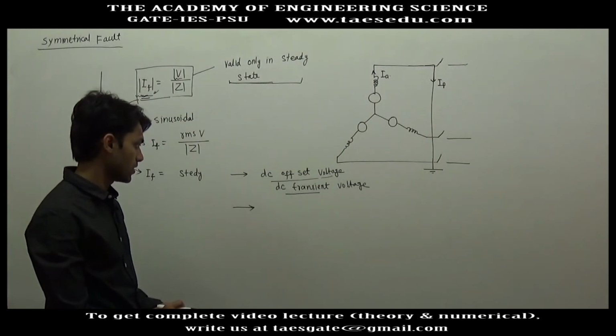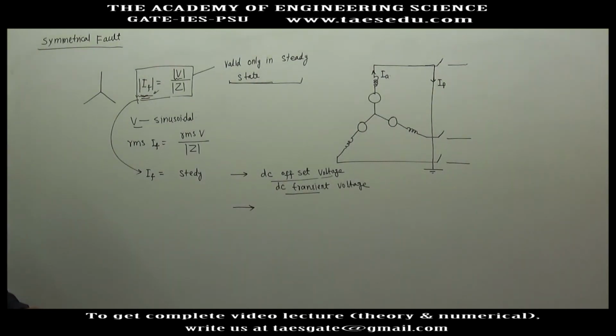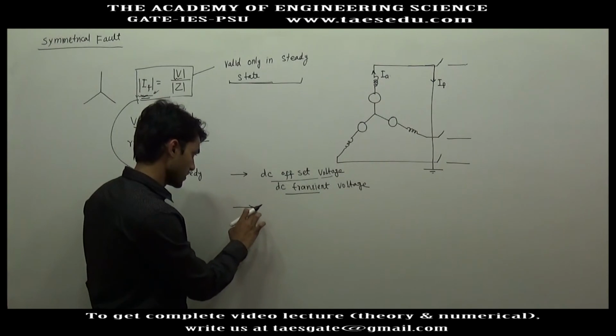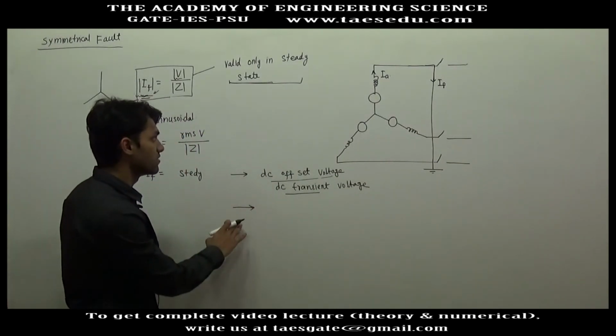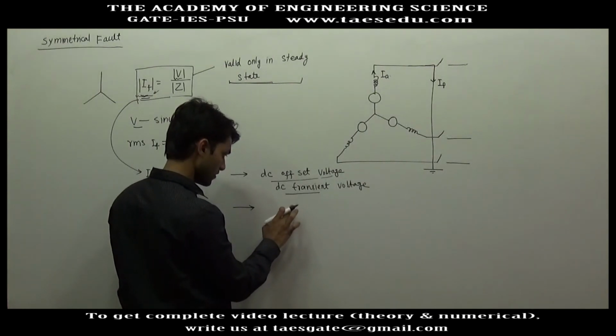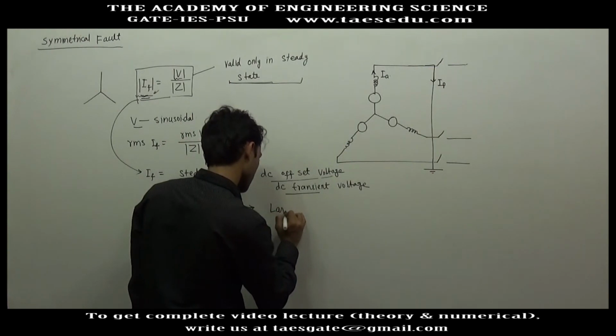And what should I name that factor? I don't have a proper name for that factor, but in the next lecture I will explain it well. That factor will be due to large armature reaction.